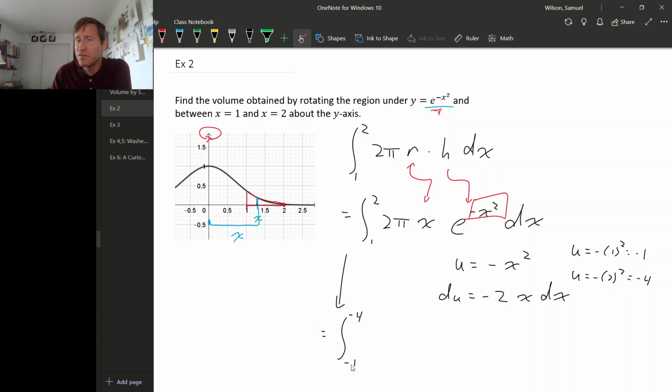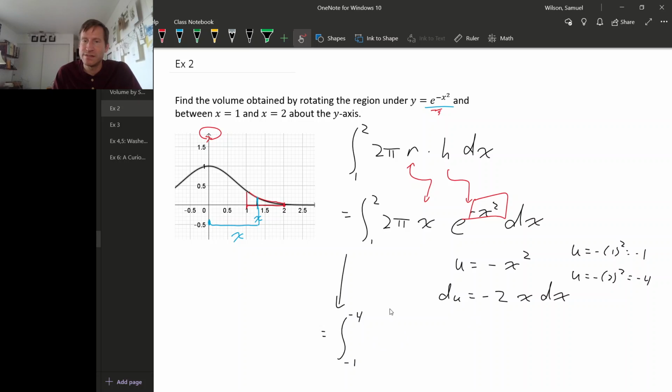It might seem at first a little strange that our bottom bound is actually a larger number than our top bound, but that's what u substitution says, so that's the way it is. Don't go switching them around just because you want the smaller number on bottom. Of course, now that we have them written this way, we could swap the bounds of integration if we also put a minus sign in front, but it doesn't hurt to leave it the way it is.